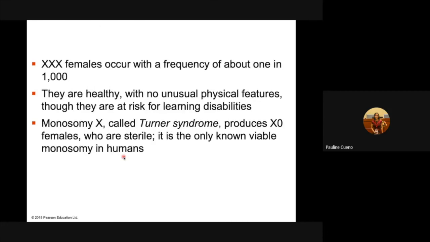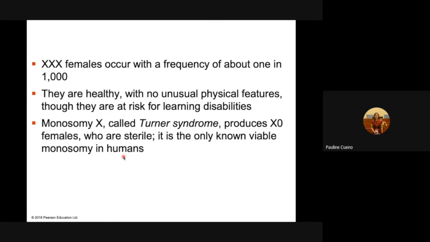Okay? And then, there is also females na may XXX, 3 X na, ang dami naman yung X, grabe naman. Okay, so X chromosome, 3 X chromosomes, they have no unusual physical features, but most likely it has something to do with their learning disabilities.